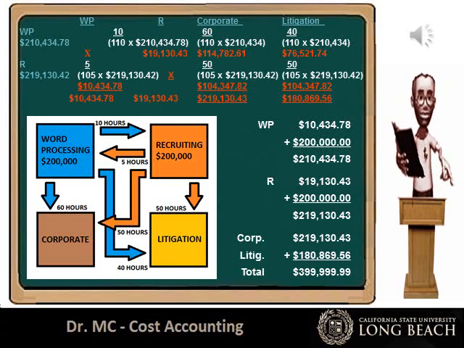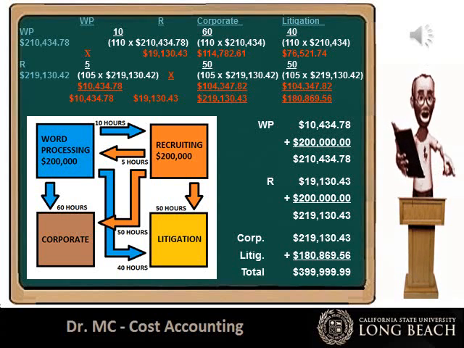In order to allocate word processing's costs, you would first add up the hours that word processing spent on each department receiving an allocation. This adds up to 110 hours. You then divide that total into recruiting's 10 hours, corporate's 60 hours and litigation's 40 hours to get the percentage of word processing's costs that are allocated to each of those departments.